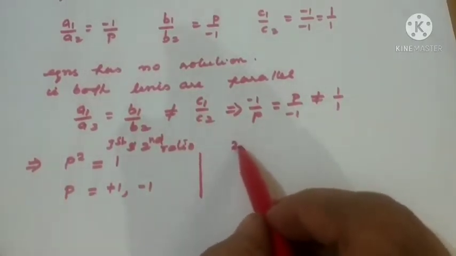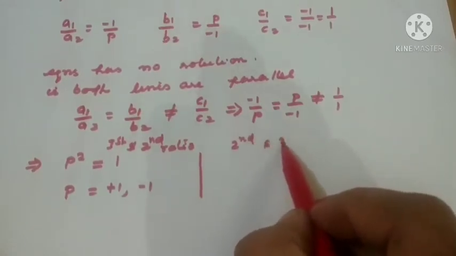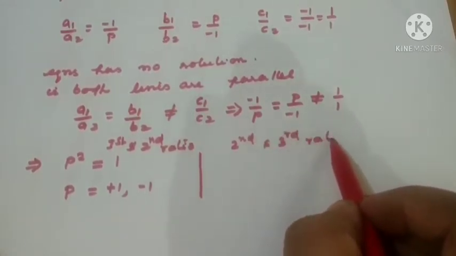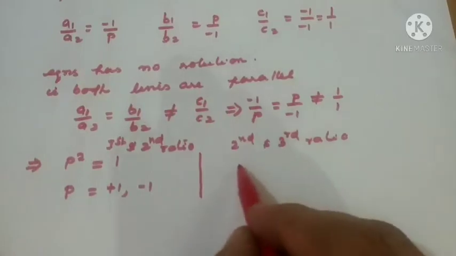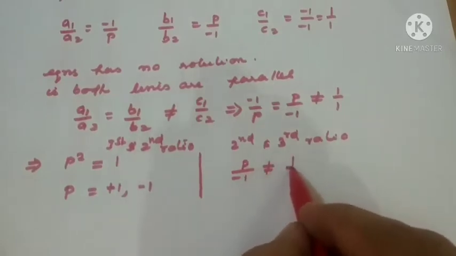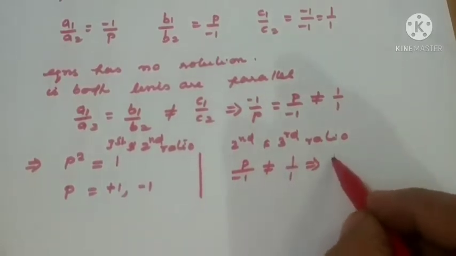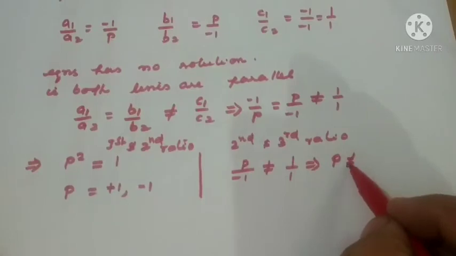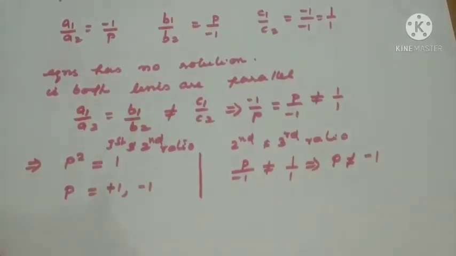Now second and third ratio. Cross multiply. Which is that one? P into 1, P not equal to minus 1.